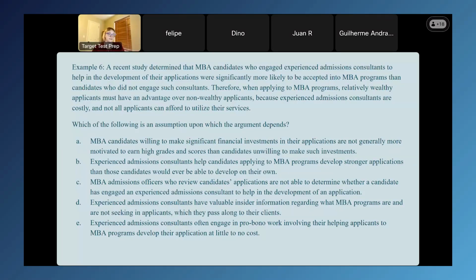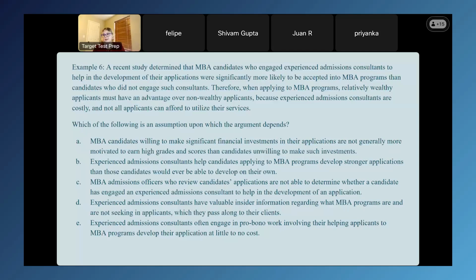consultants are expensive. Yes. So they're saying wealthy people have an advantage, but there's also this factor: what if non-wealthy people are so motivated to get into business school that they're also shelling out these high prices for consultants because they're motivated? So it's too generalistic to assume that it's only the wealthy.